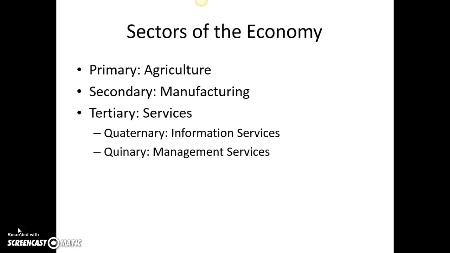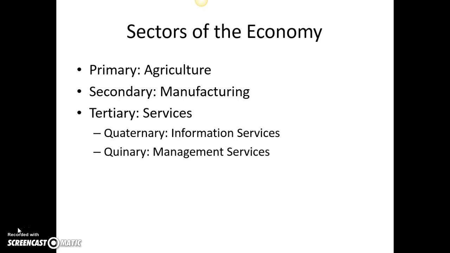So when we talk about the economy, there's really three major sections, and then with that third section there's a couple of subsections. So the primary section is agriculture, but it's not just agriculture, it's also anything to do with taking resources out of the earth or with directly exploiting the earth itself.